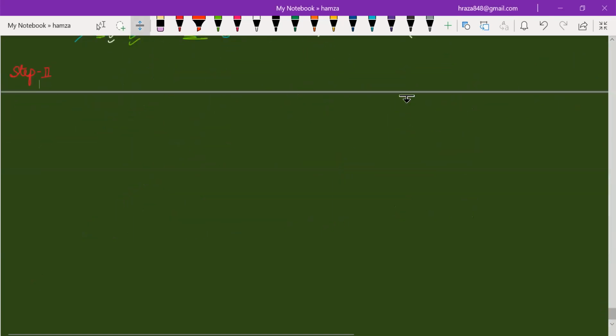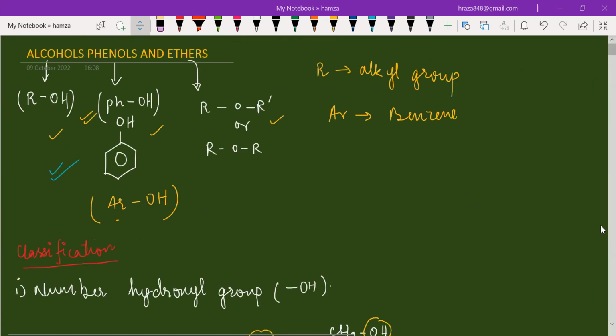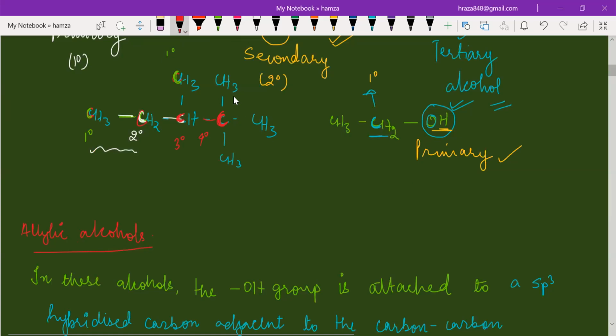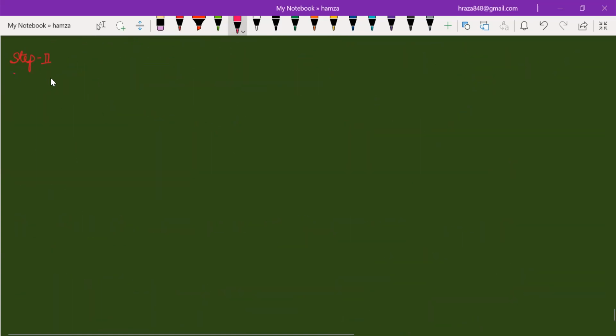Now we are going to talk about the next step, that is step 2. Step 2, you can see, nucleophilic attack of water on carbocation.